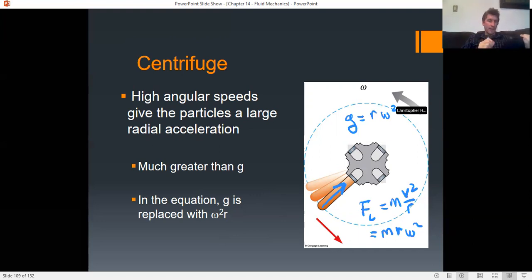Now, here's the interesting thing. Again, thermal agitation is going to prevent the smallest particles from settling out. Even cells in the blood are subject to this.